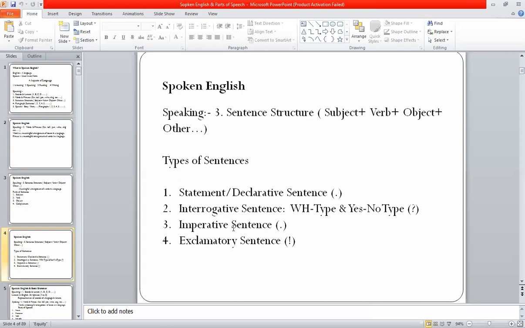So that's why they are called interrogative sentences, Prashnarthi vakya.